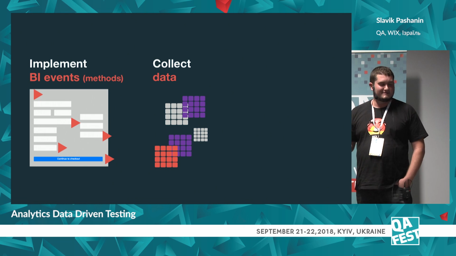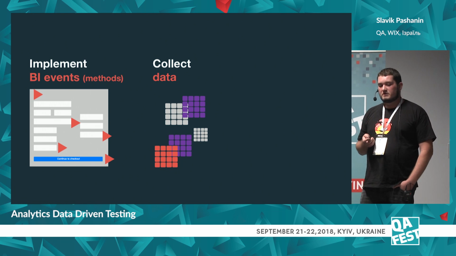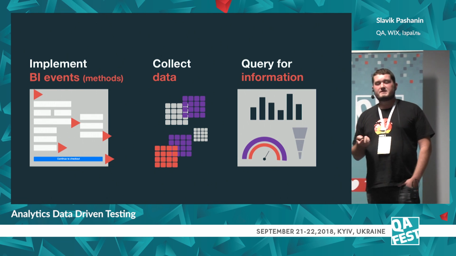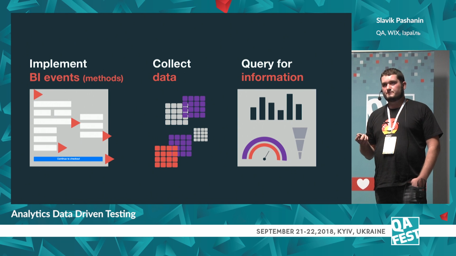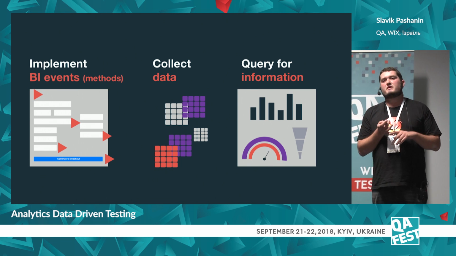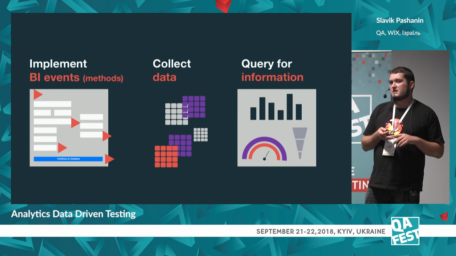It's what's called big data. After we collected the data, we're starting to query the data. We put this data in reports, and we can visualize what our users actually have, which browsers they have, which operating systems.